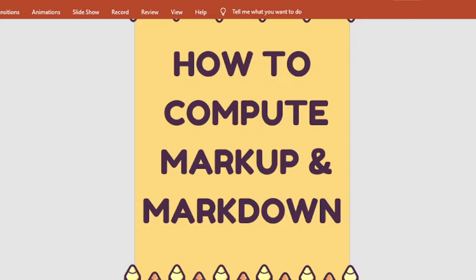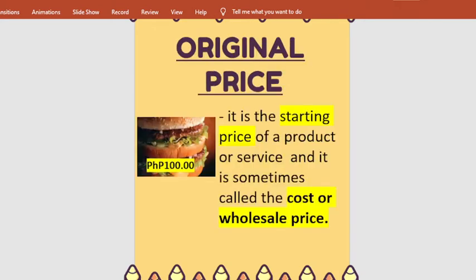So, ngayon, pag-usapan po natin ang pag-compute ng markup at markdown. Okay? So, first, kailangan muna nating alam yung mga terminology nito, kasi mai-encounter natin to as we go along in our lessons.